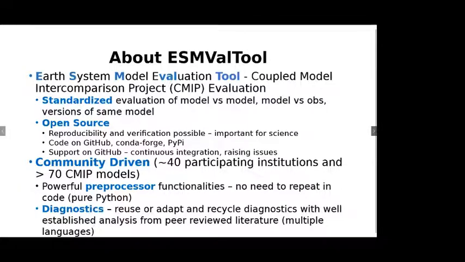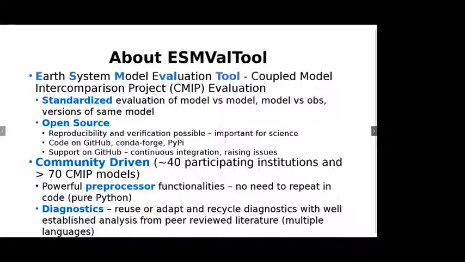So from a technical point of view, ESMValTool is a mostly Python package. It relies on reproducibility, so it's got a powerful provenance module so that you can track the diagnostics and how they change over time, and track the results. The source code is hosted on GitHub, where all the development work is being done.